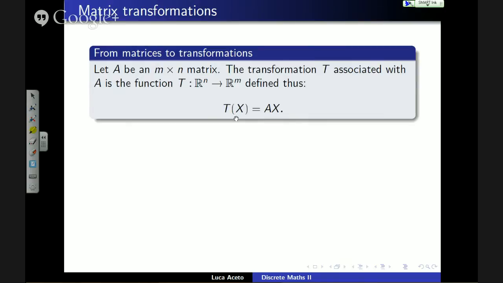So it should be a vector in R^n. But when you multiply it by this matrix, you get a vector with m rows. That's why this is a function from R^n to R^m, from the dimension of the number of columns in the matrix to the dimension of the number of rows.